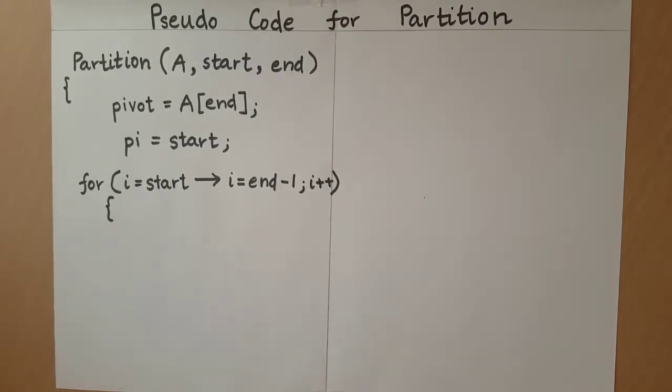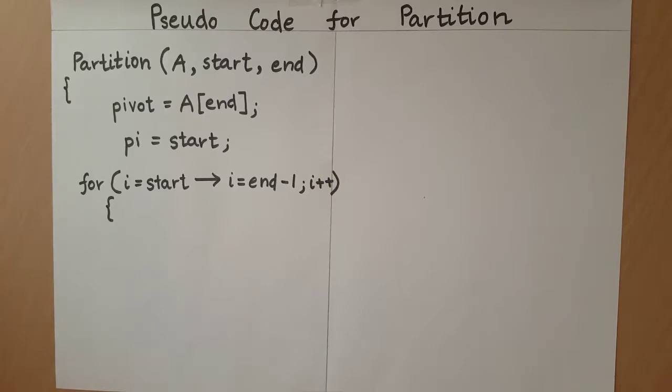Now, for each element at index I, we will have to check whether the condition that pi is the correct index has been violated. And if so, do the necessary changes. How do we check if the element at I violates this condition?